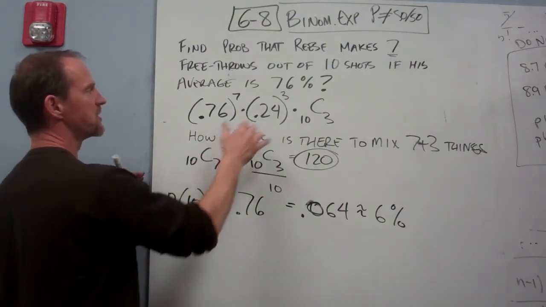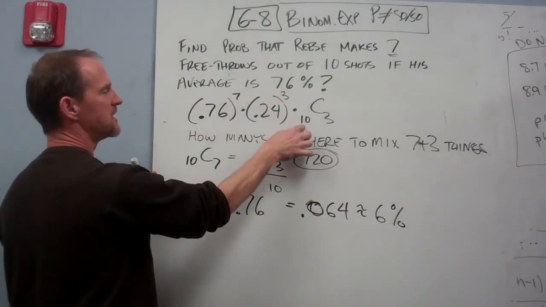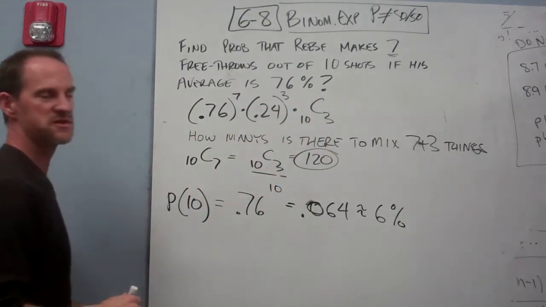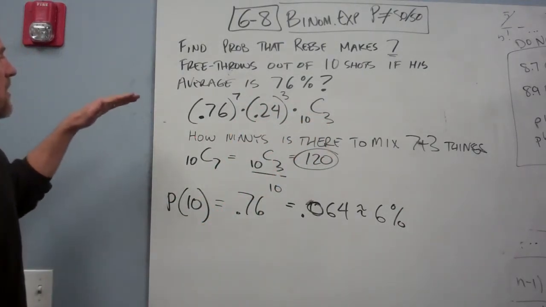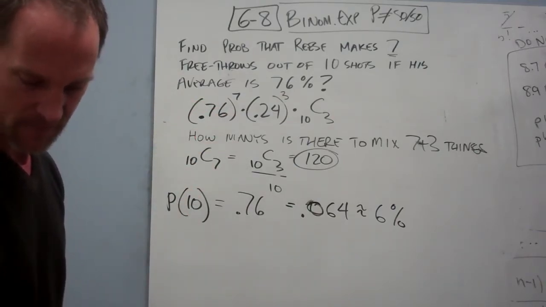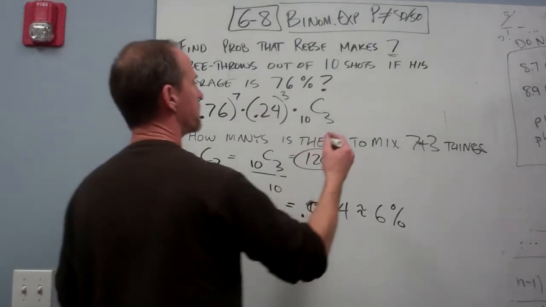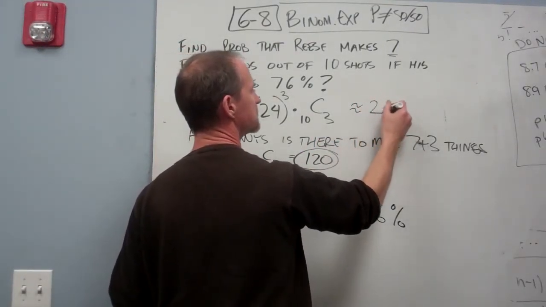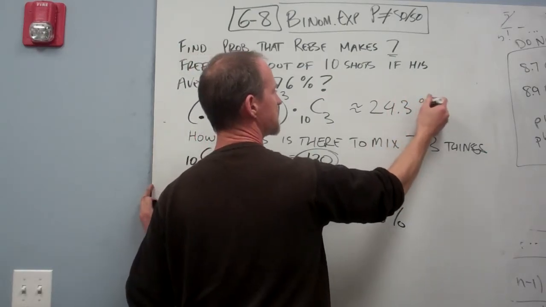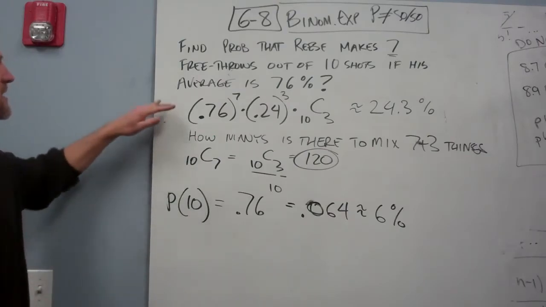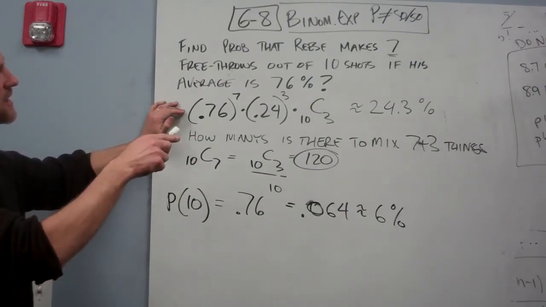Or you'll see it's going to be the total of these 2 numbers, and then either one of these 2 numbers, because 7 and 3 will give you the same result there. Multiply that all out in this case, and you will get 24.3%, very close to 24.3% or 0.243.